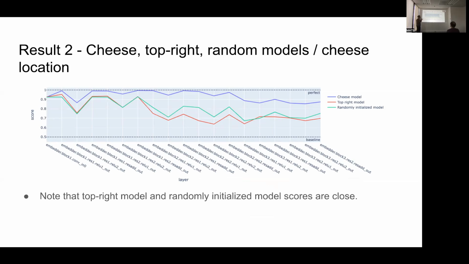So information about everything in the maze is going to be contained in some of the layers to some degree, especially given that there are these residual connections which push the image of the maze forward into later layers. That's why, even the randomly initialized model is still sort of keeping track of the cheese location. But as you can see later on, when maybe it's doing action selection processing, the score drops quite a bit.